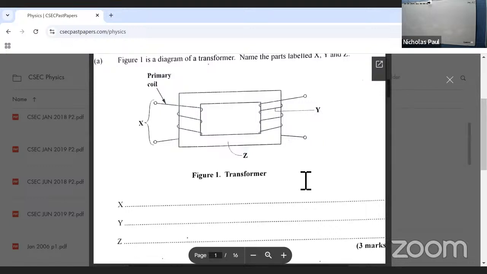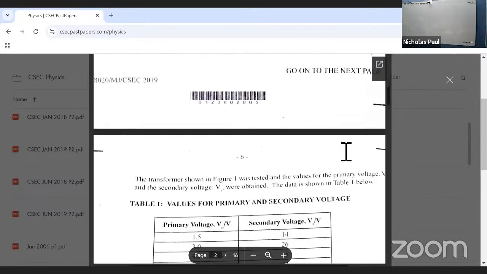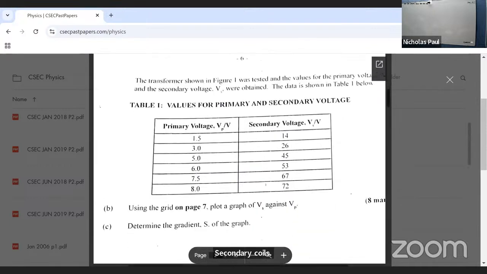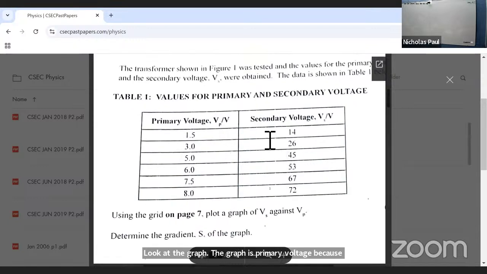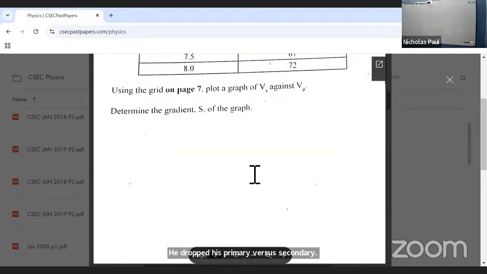Secondary coils. I just want to talk you through because you all know that stuff. But look at the graph. The graph is primary voltage versus secondary voltage. Plot a graph of VS versus VP and then find the gradient.